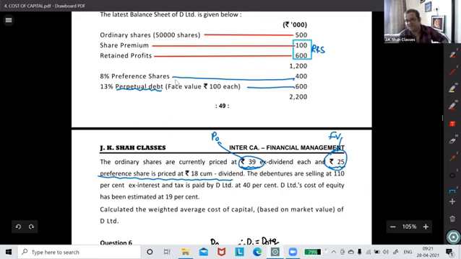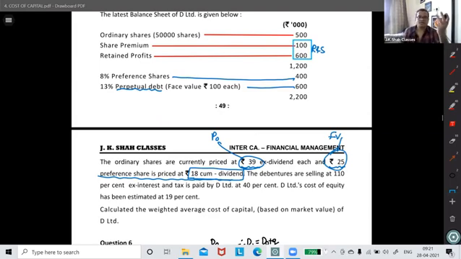Guys, you understand cum dividend, ex dividend? Cum dividend means what? Including dividend. So you should always remember one thing. Ex dividend means excluding dividend. X is a shortcut.